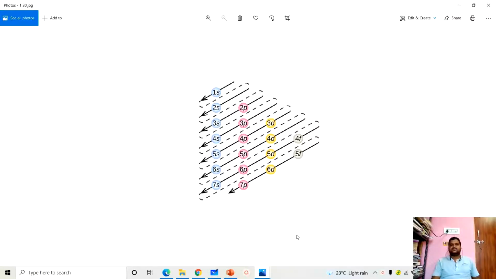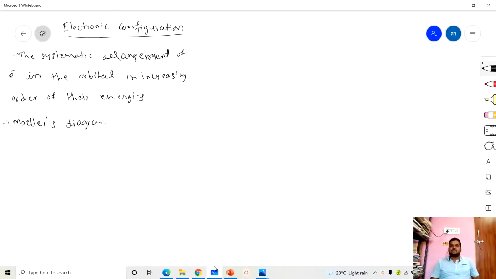So what does it indicate? 1s is less than 2s, less than 2p, less than 3s, less than 3p, less than 4s, less than 3d, less than 4p, less than 5s, and so on. Is it clear? This Aufbau diagram gives information about the filling of electrons.